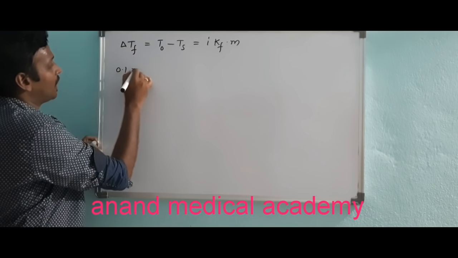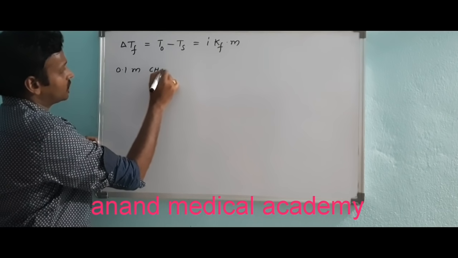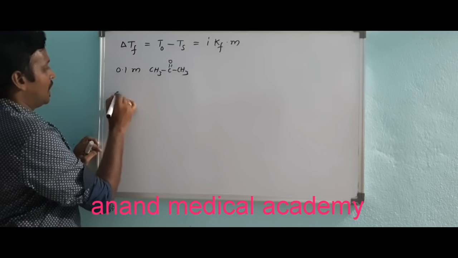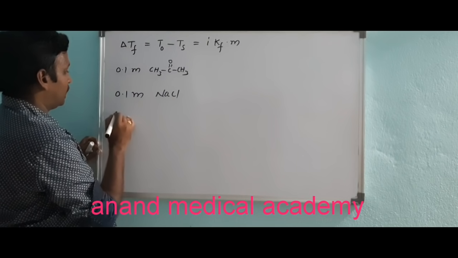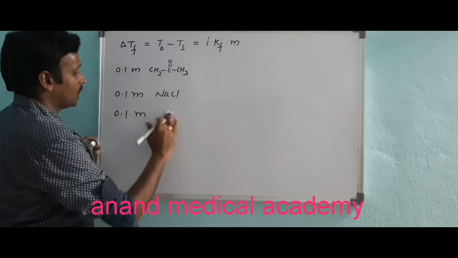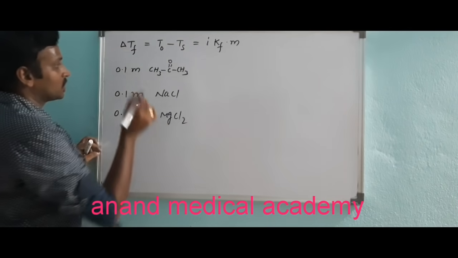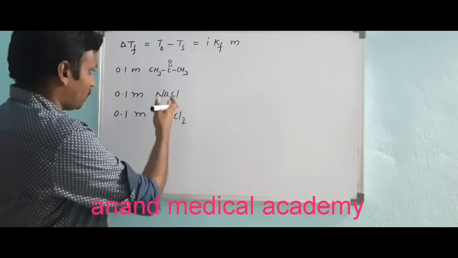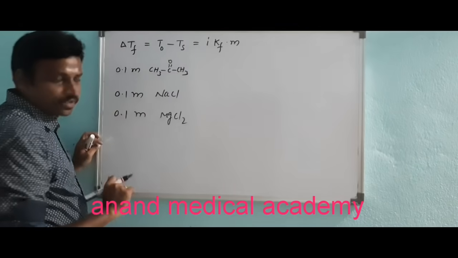Suppose 0.1 M acetone, CH3 C=O CH3, there is no association or dissociation, and 0.1 M NaCl, and 0.1 M MgCl2. 3 examples enough. Here I am considering NaCl and MgCl2. As we know, these are highly ionic, so 100% they will dissociate. So the i value will be the number of ions.